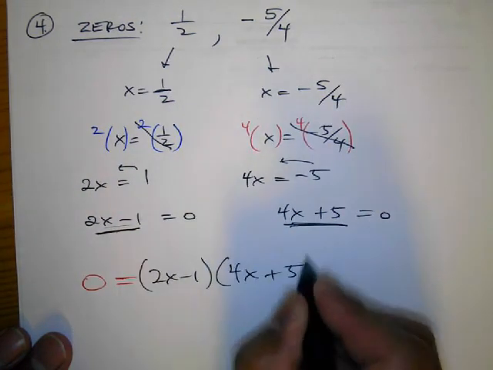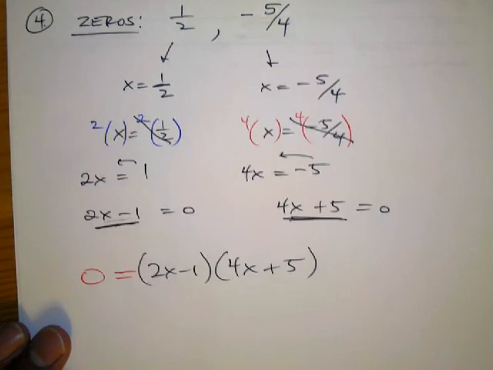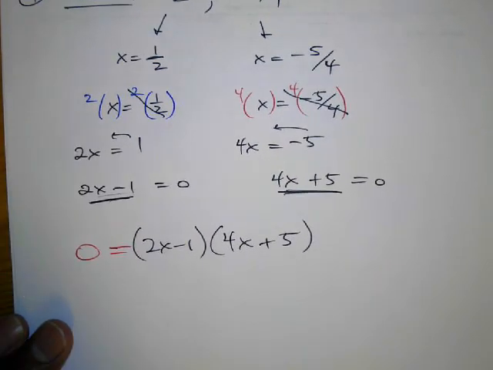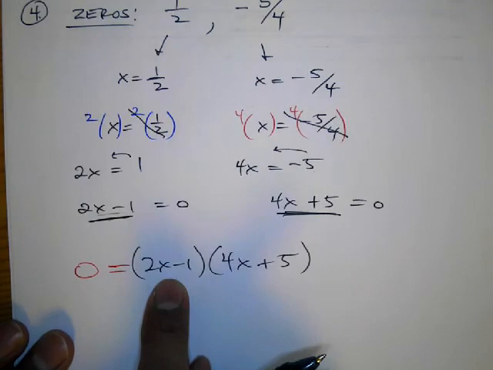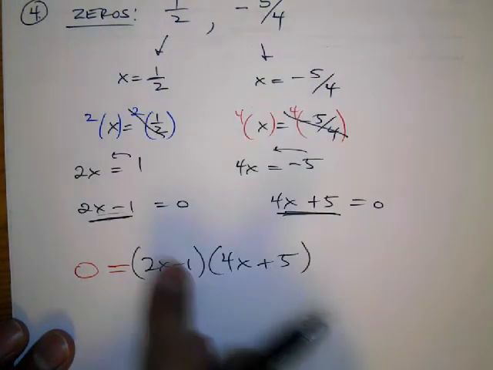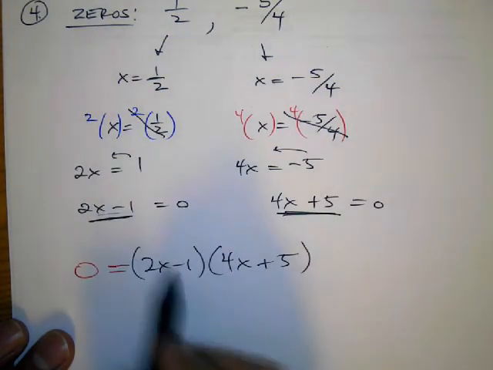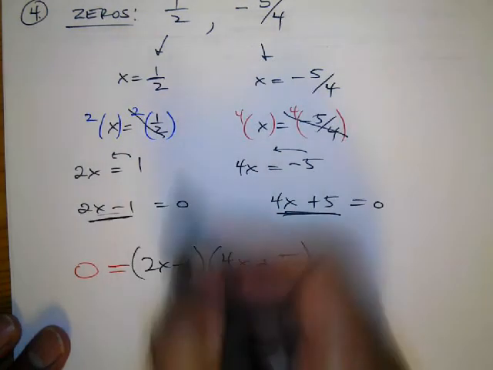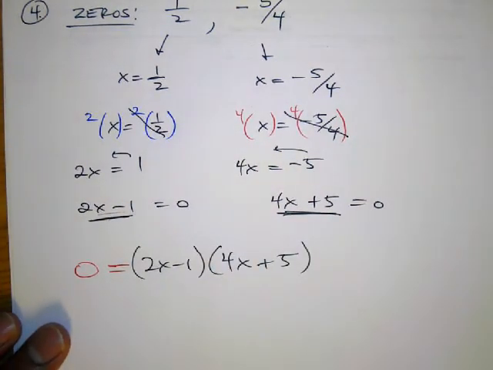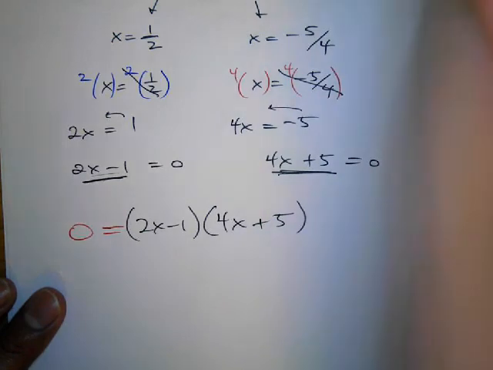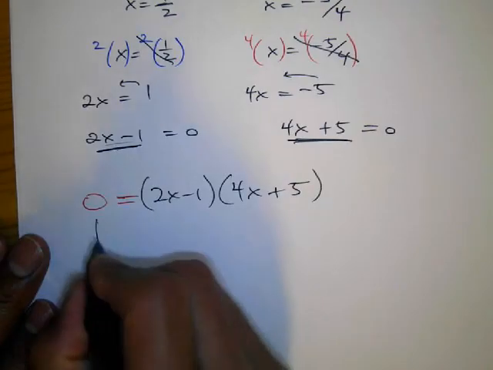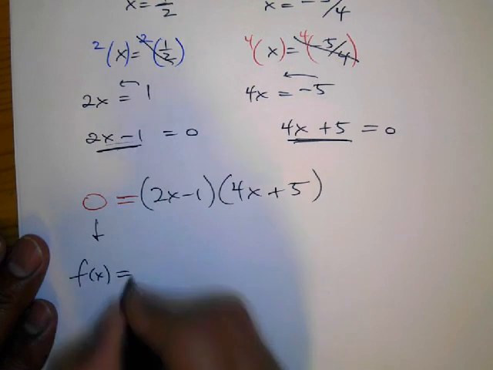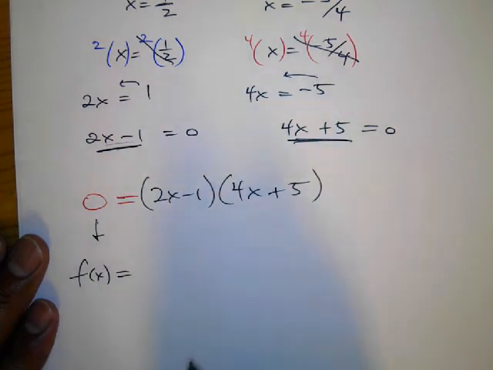So remember, equals 0, it's going to be 2x minus 1 and a 4x plus 5. All right. Let's see, if you solve 2x minus 1, will you get 1/2? Yeah, 2x minus 1 equals 0. Move the 1 over, it's positive 1. Divide by 2, 1/2. We're just going backwards. Same thing for that one. So it's all good.